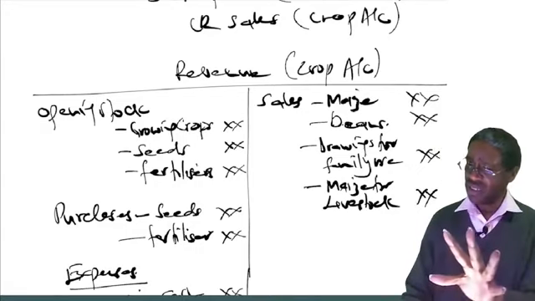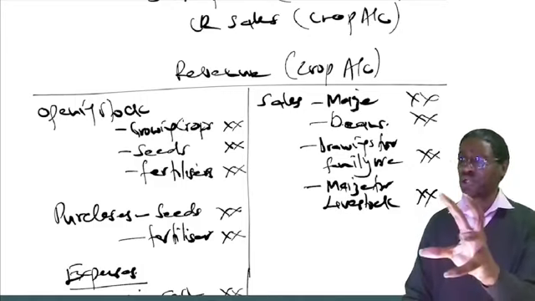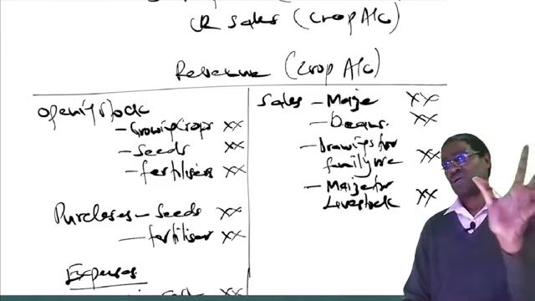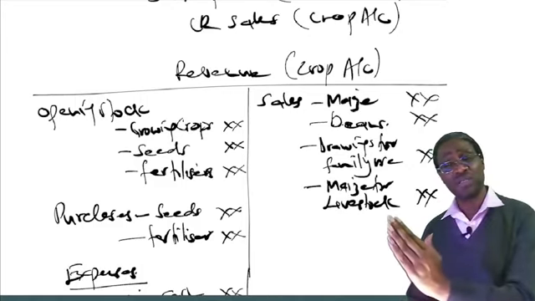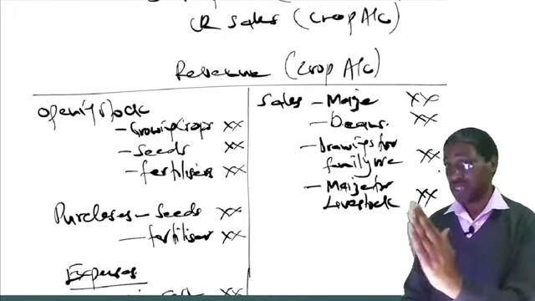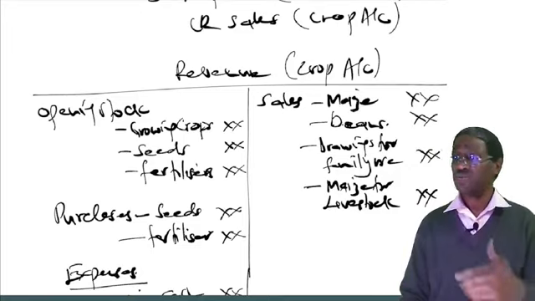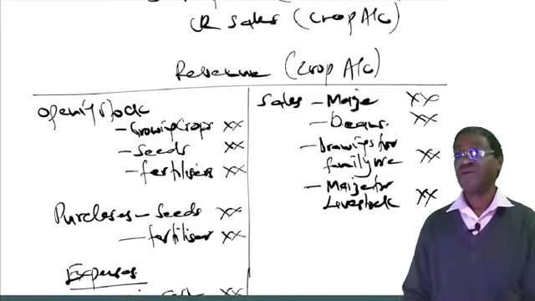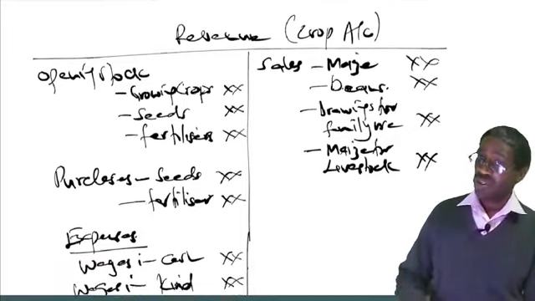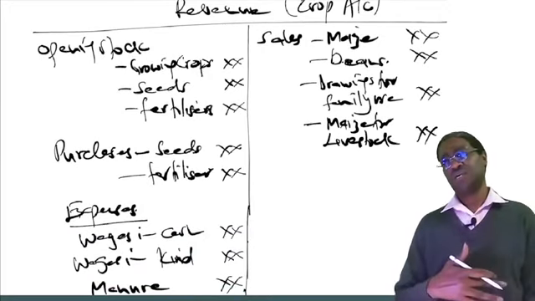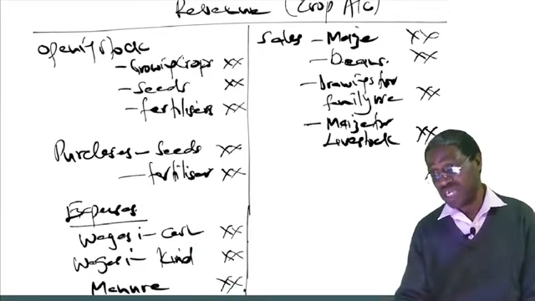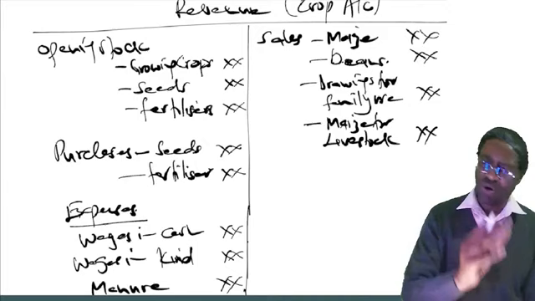And any other, get the actual sales of the crop, or if it is livestock, how many cows you sold, milk, and so on. And if there was any other use, like milk given to workers, those are all drawings.